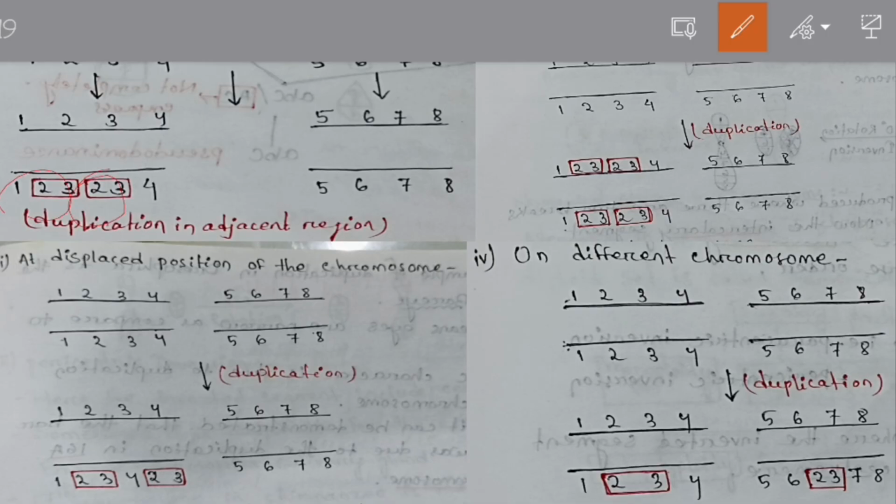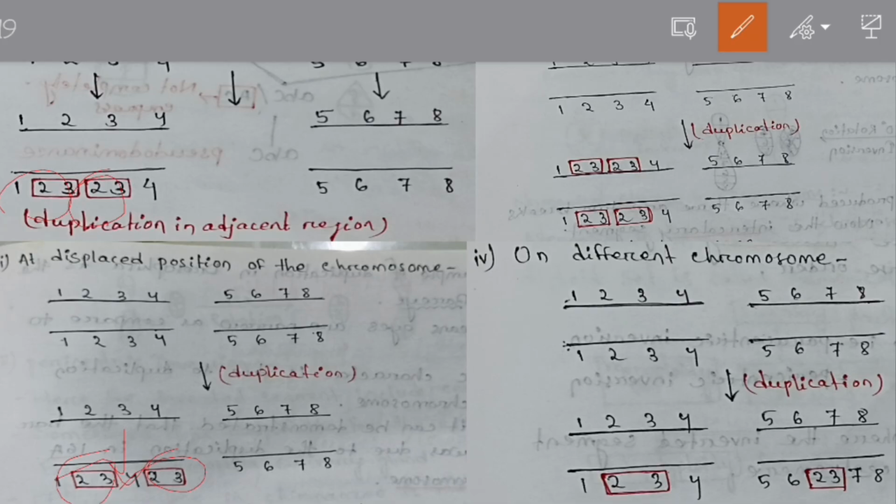This is the duplication that occurs at an adjacent region. वो दोनों पास पास में duplicate हो रहे हैं. Then at a displaced position of the chromosome. In the second image, 2 3 get duplicated, but they are not present in an adjacent position. In between 2 3 and 2 3, 4 is present. So this is at a displaced position.